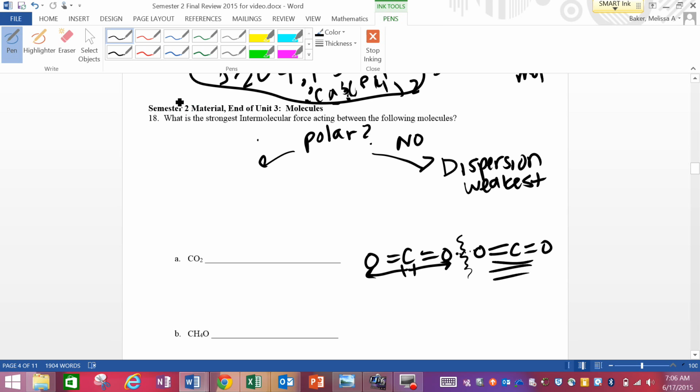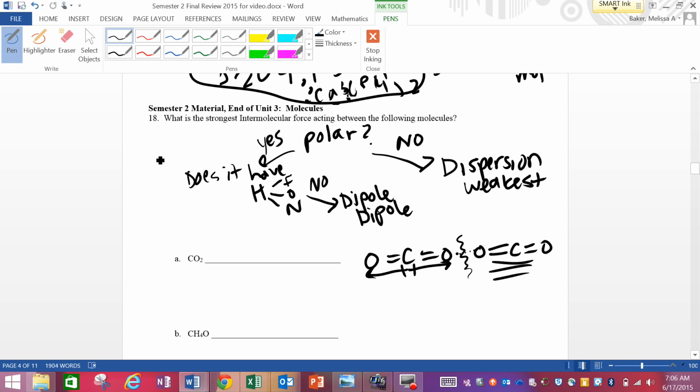On the other hand, if your molecule's polar, you have to ask yourself another question. Does it have an H bonded directly to an F, an O, or an N? I always joke, chemistry is fun. That's how you can remember it. If it does not, then it has the middle forces called dipole-dipole.